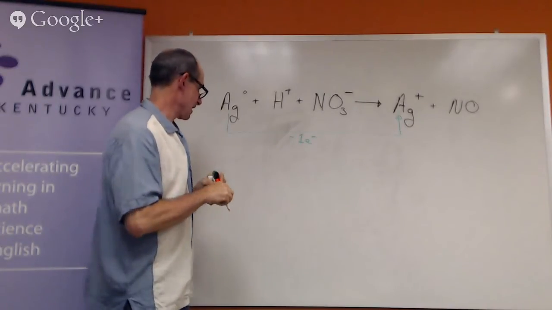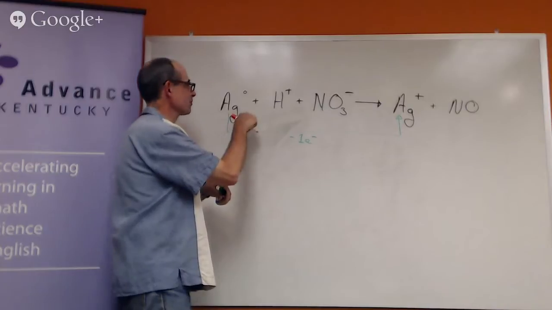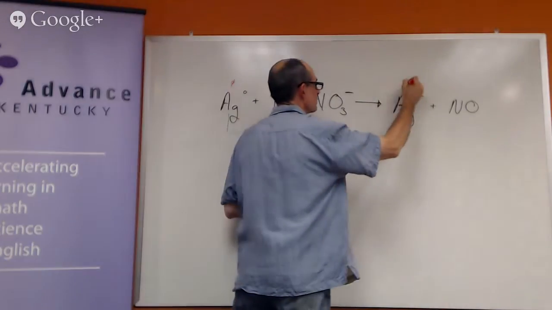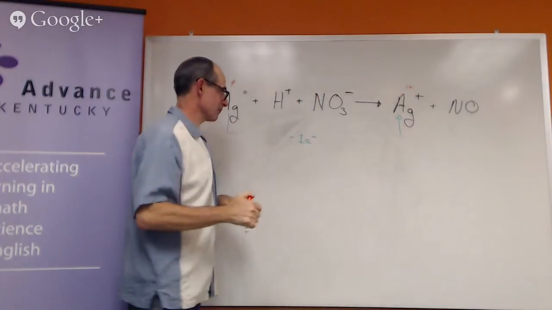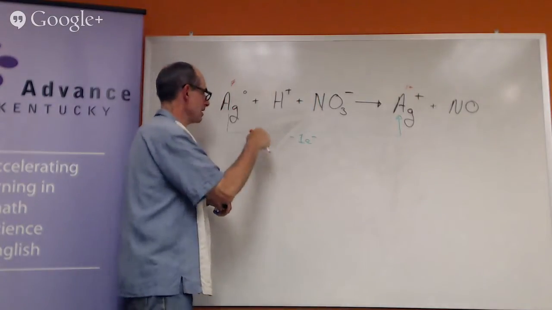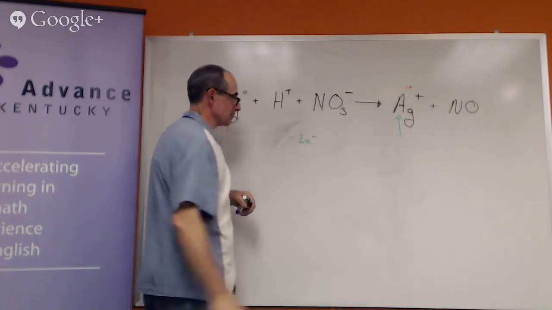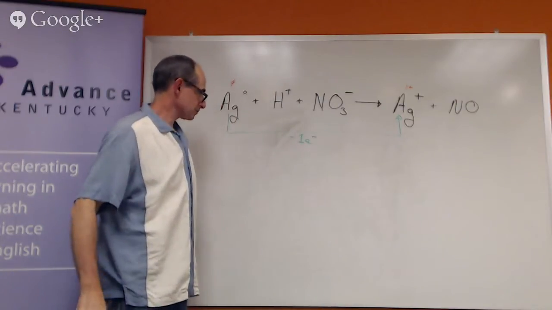So we already have oxidation numbers for silver metal, which would be 0, and silver ion, which is +1, and that's reflective of the fact that silver atoms lose 1 electron each to become silver ions.